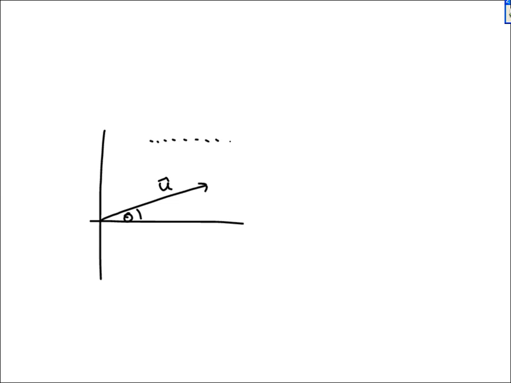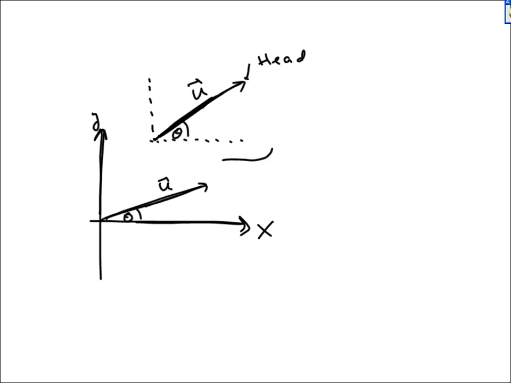If you imagine another x and y-axis right there, the horizontal dotted line is parallel to my x-axis, and the vertical one is parallel to the y-axis. If you have the same angle theta, and this length is the same as this length, let me make it a little bit longer, then that's also u. And the head is right there, and the tail is right there.